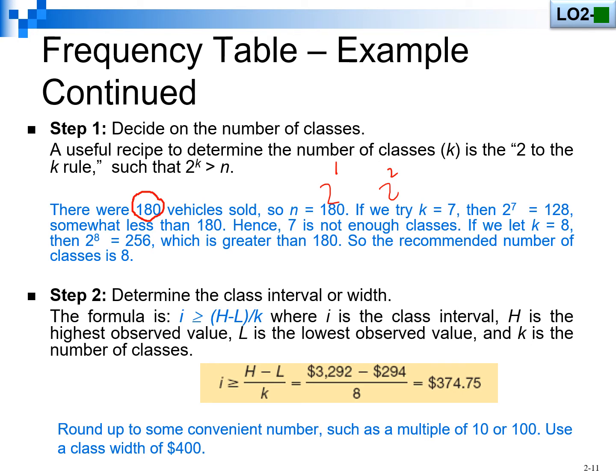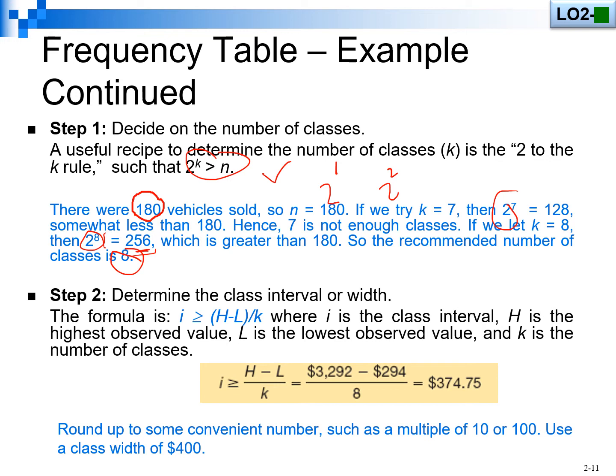When they went to 2 to the 7th power, that got to be 128, and you want to be more than 180. When they went to 2 to the 8th power, that got you to 256. Because 8 was just past 7, they suggest you use 8 classes. So you can use this as a little trick to determine how many classes you need, though I'll stress it's still very subjective. There's no really right or wrong, but this is a useful tool to help you summarize the data.